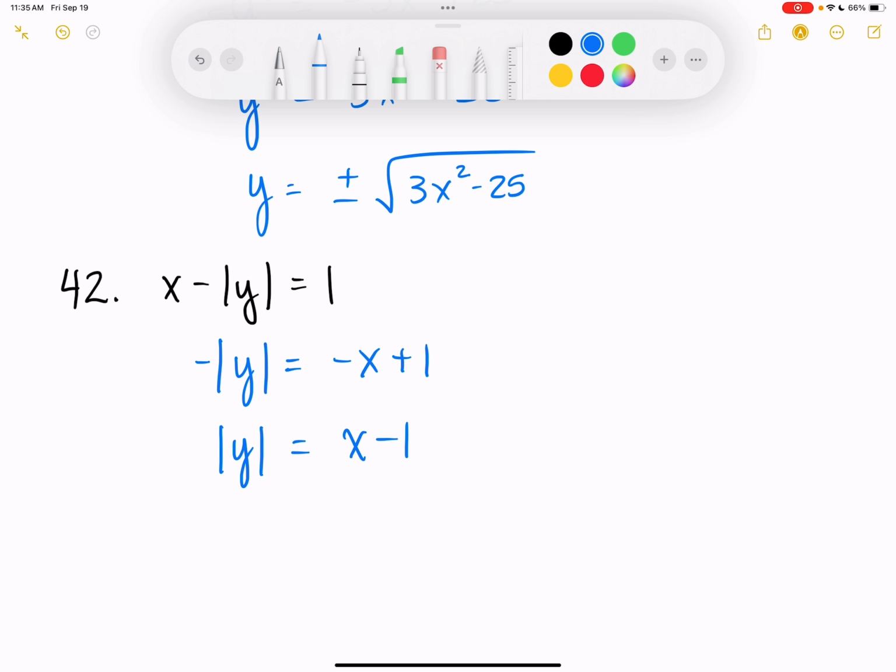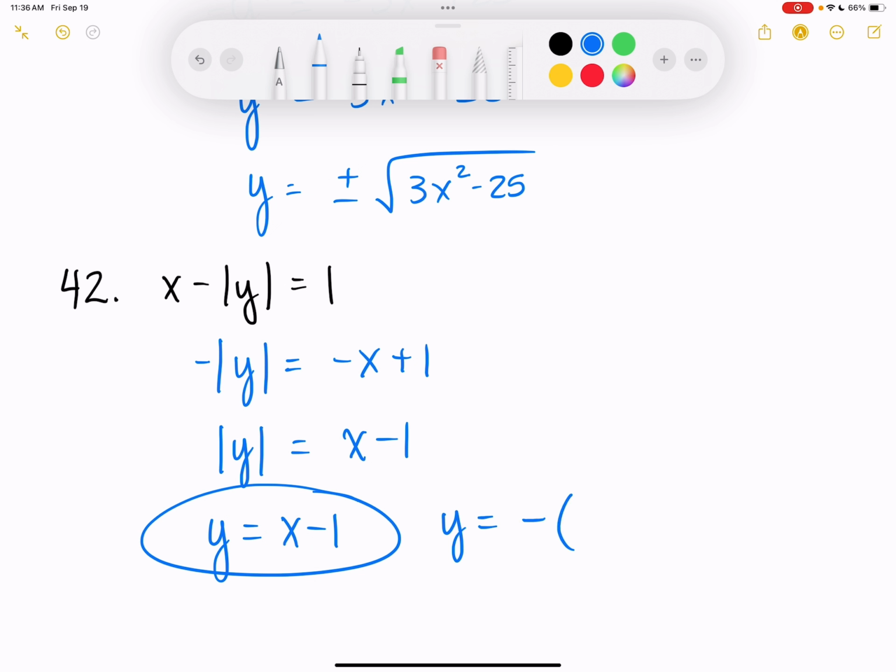An absolute value function, as my mom always says, 2 words, 2 sentence equations. So 1 is copied exactly: y equals x minus 1. This is one of them. The other one is y equals negative and then x minus 1. We have to make the whole thing negative. So this would be negative x plus 1 for the other one.